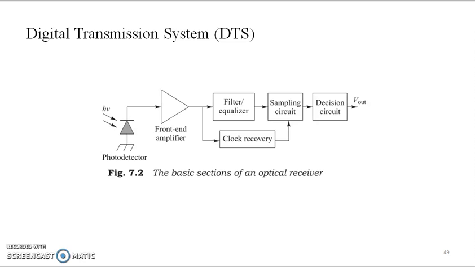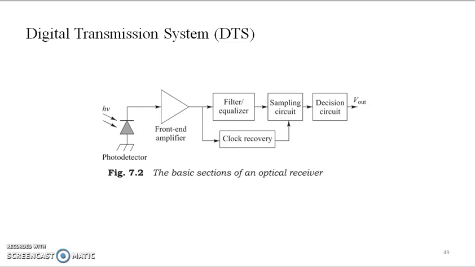These electric pulses are converted into output voltage, and then we have a decision circuit to define for what level of output it will be a 1 and a 0. This is a typical optical receiver.